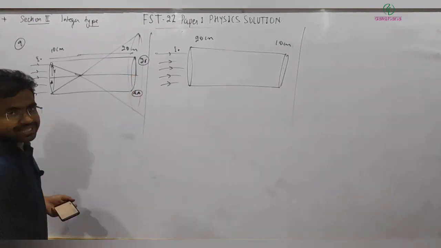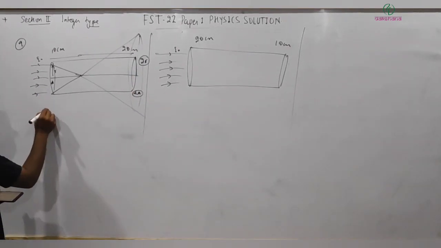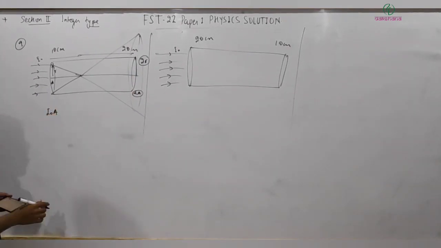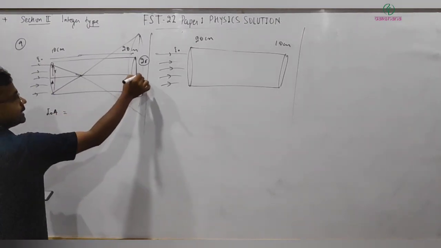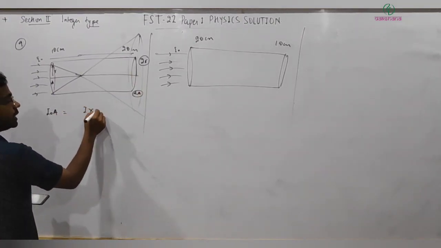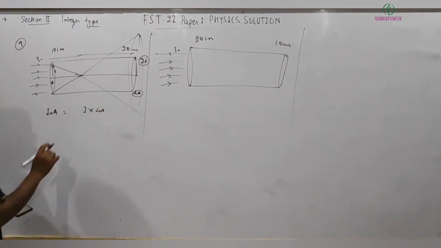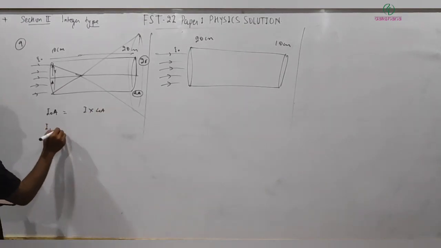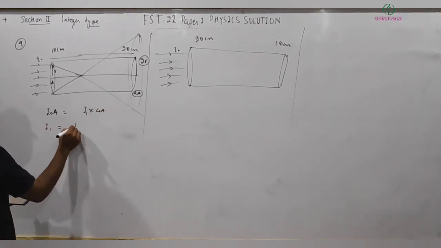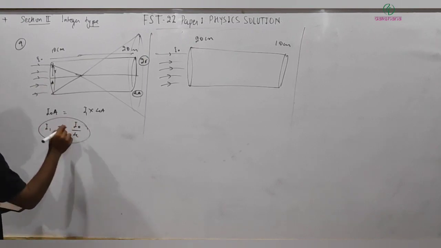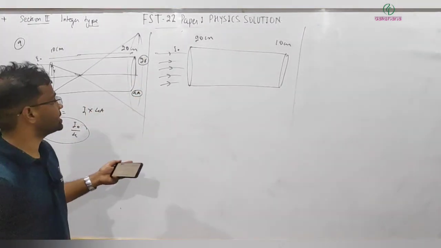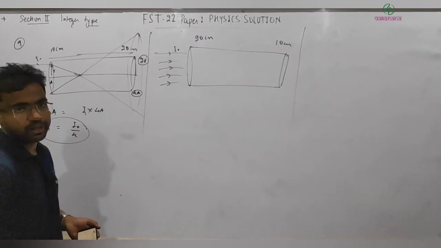So the power incident is I naught multiplied by a, and here the intensity, let's say I1, multiplied by the total area 4a. These two powers must be equal, so I1 equals I naught by 4. So in the first case, the intensity on the screen will be I naught by 4.